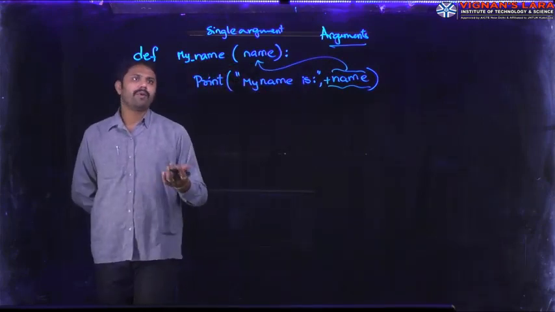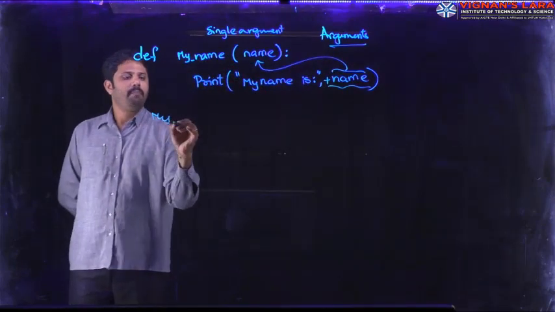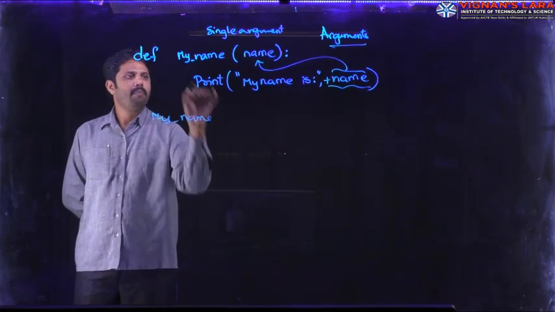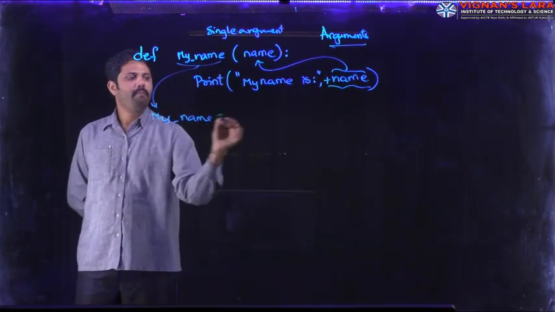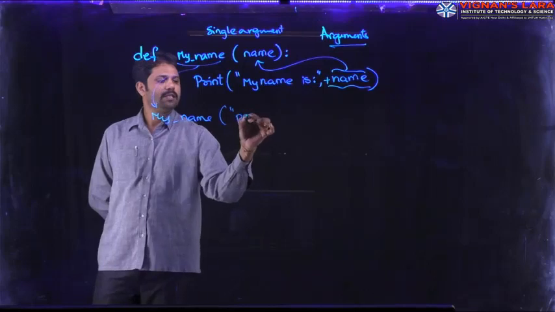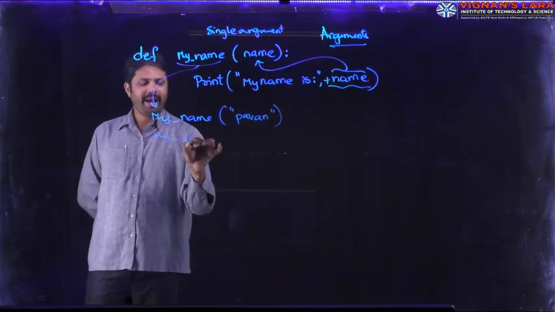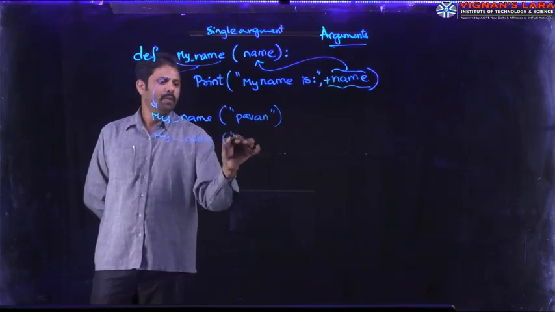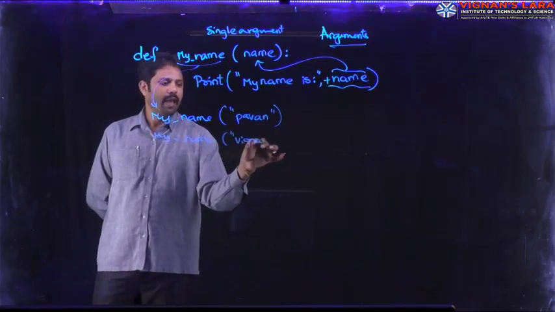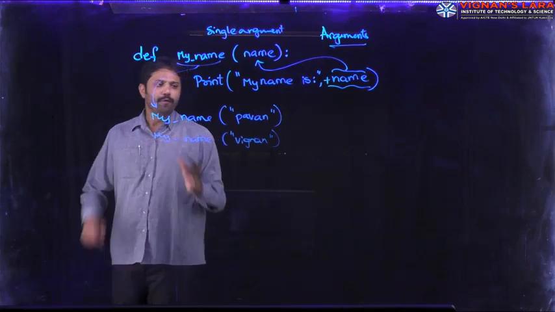Now how can you call this function? My name is nothing but the function name. My name of this is Pawan, and my name of this is Vignan.